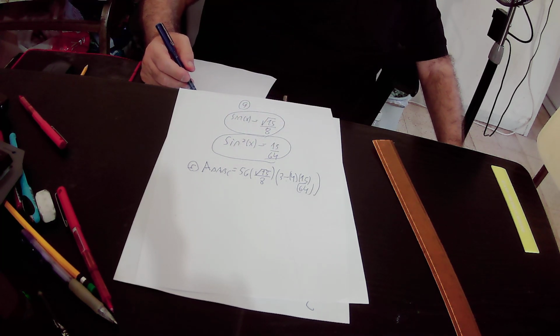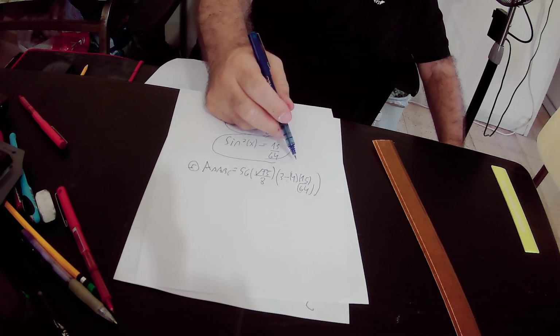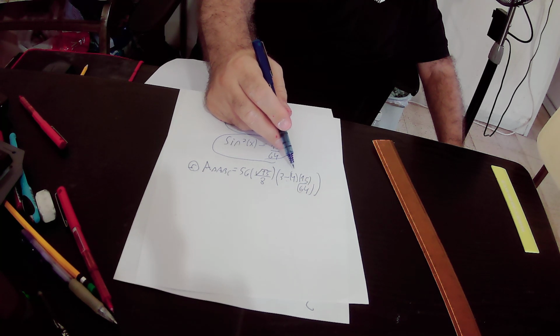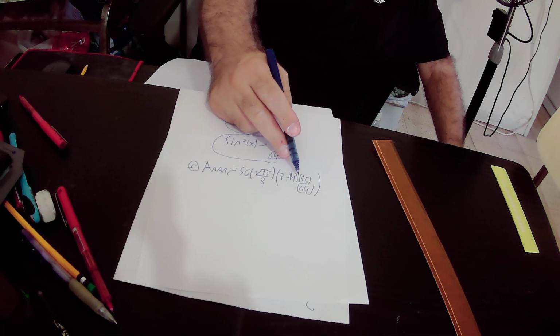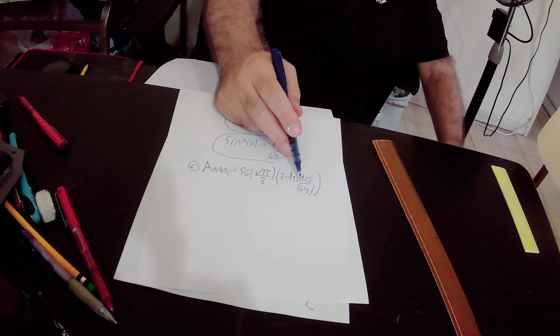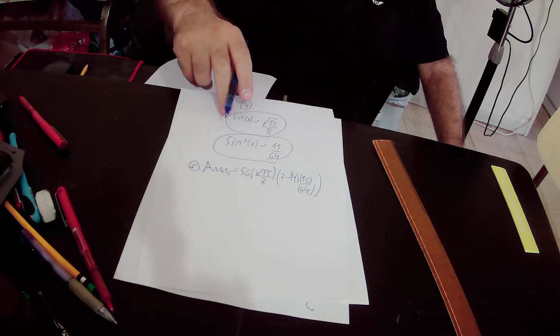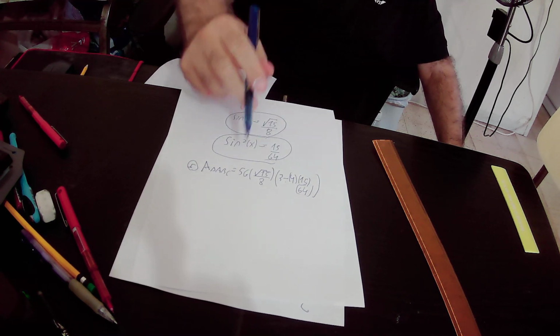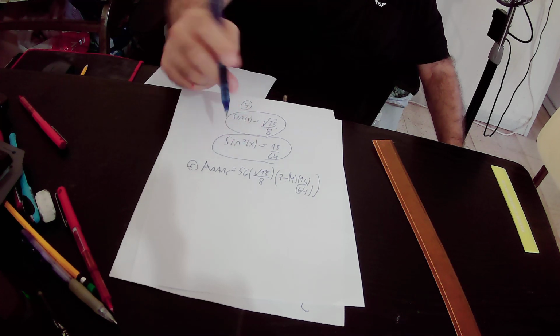So here we can cancel 4, dividing the numerator and denominator by 4. In the denominator, 64 over 4 is 16, and 56 over 8 is 7.